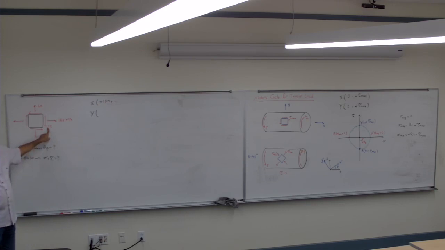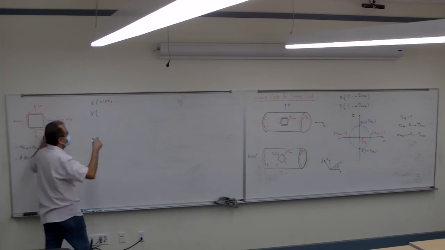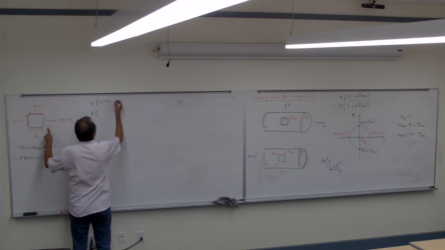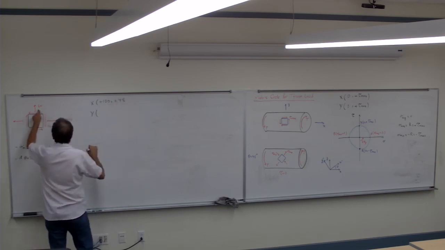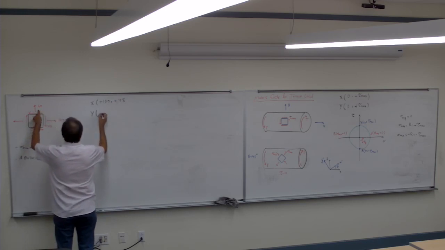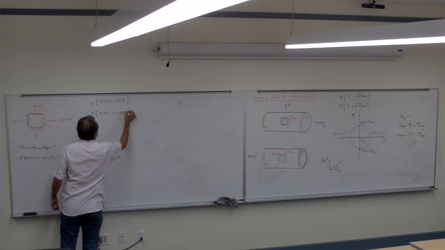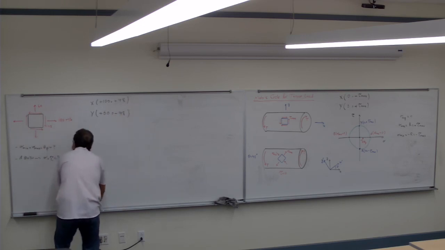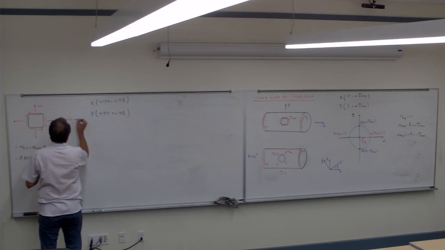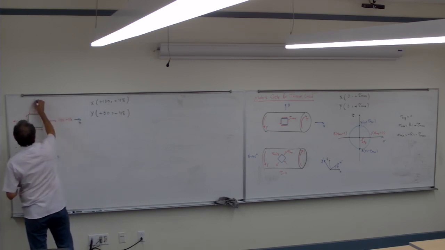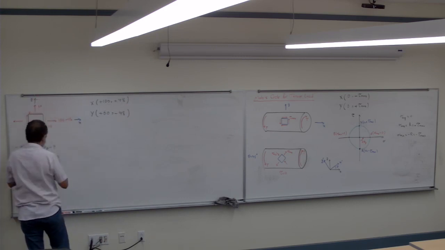Positive 48, because it is rotating it clockwise. What about the y? Positive 60, and negative 48. So that's the x and y. That will be the x and y axis there.